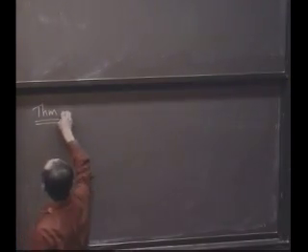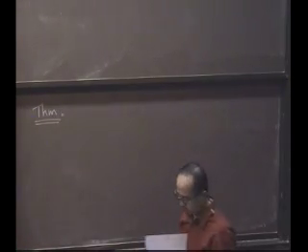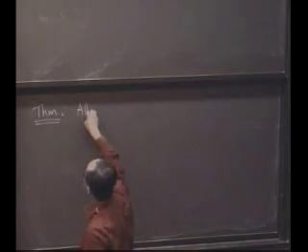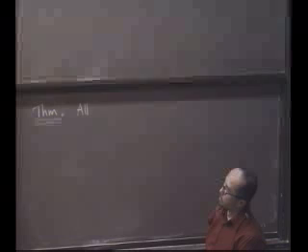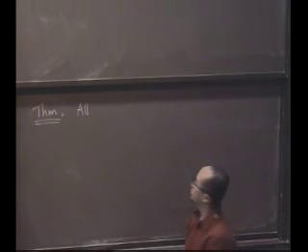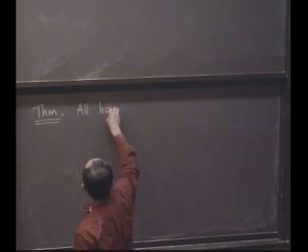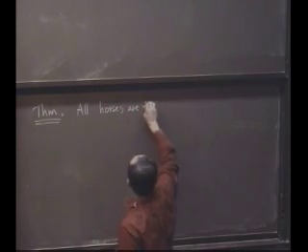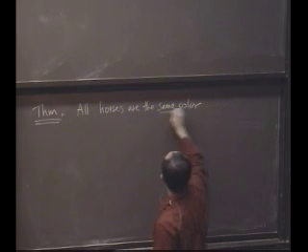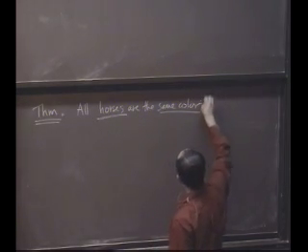Okay. Let's do one final thing here. Theorem. Let's go crazy. Let's show that all horses are the same color. All horses, they're all the same color.